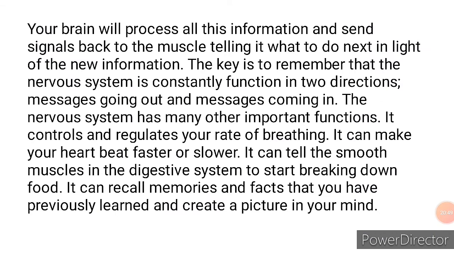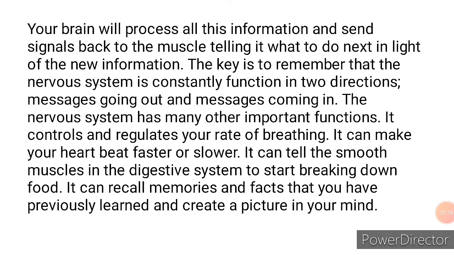Okay, your brain will process all this information and send signals back to the muscles, telling them what to do next in the light of the new information. Okay, the key is to remember that the nervous system is constantly functioning in two directions: messages going out and messages coming in. Okay, that's what you must know.